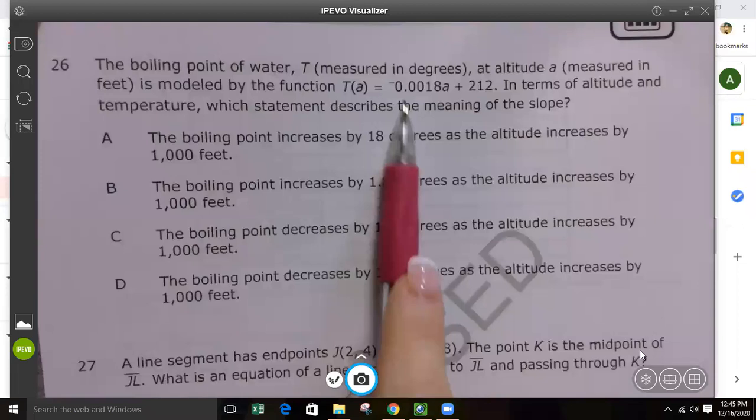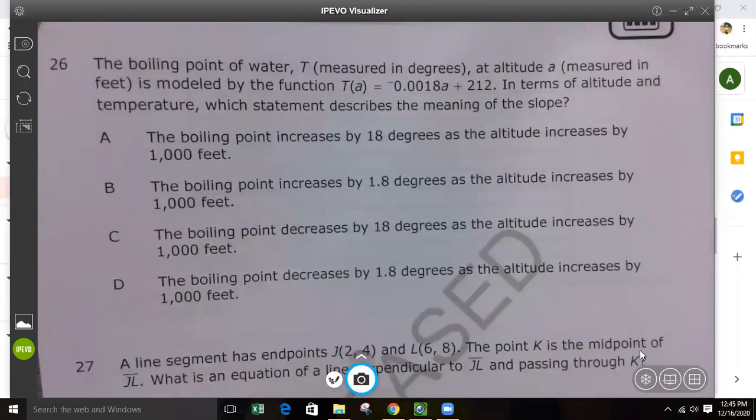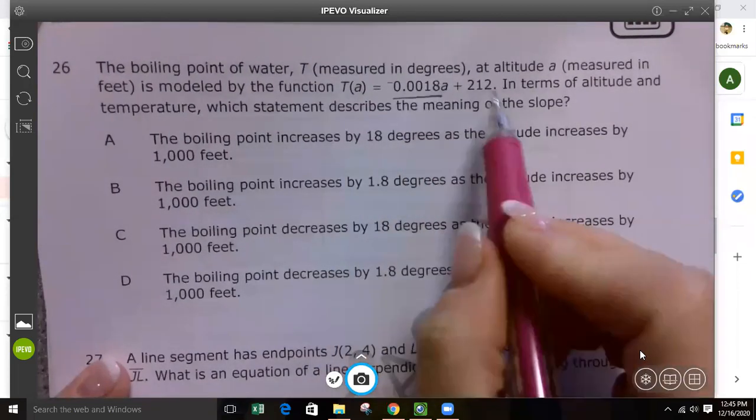So which one of those two numbers is the slope?